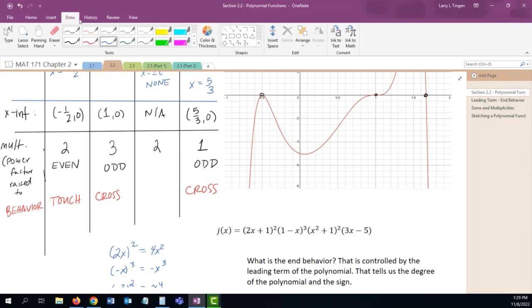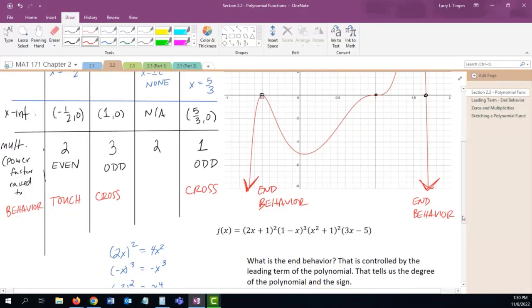Okay, so when we talk about end behavior, this is what we mean. After all the fun stuff has happened, after all the intercepts, x-intercepts, y-intercepts, maxes, mins, the end behavior is going to run the show.